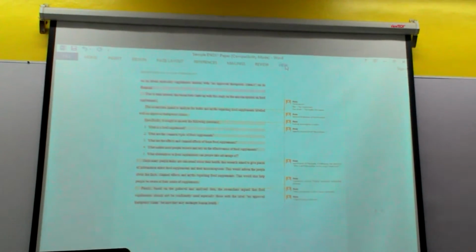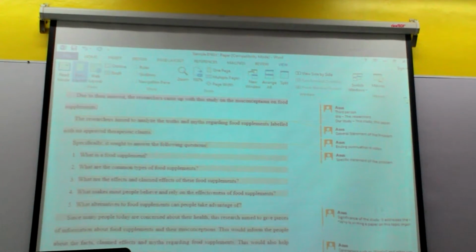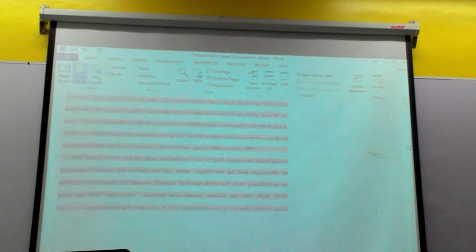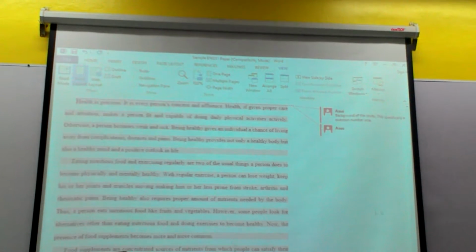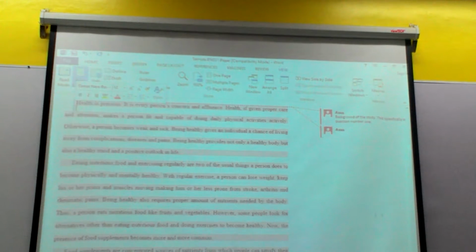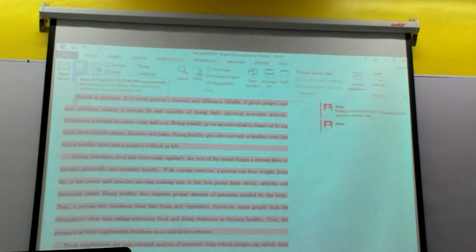Can you see it? It's too small, right? What is a food supplement? And remember, 1.1 or the background, you're supposed to answer that. But if you start reading the background, it doesn't immediately answer question number 1. This is what I was telling you last time. You are supposed to type what you have written as paraphrases in the activities I just graded last time.